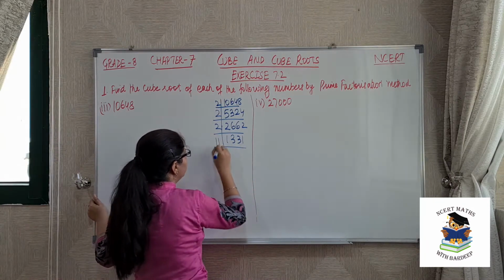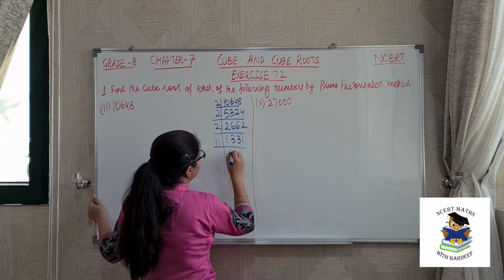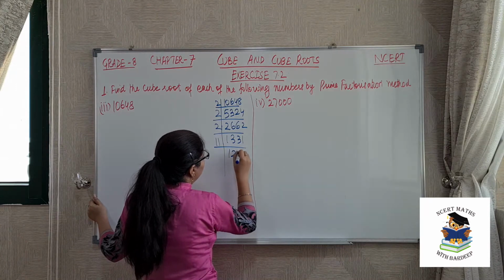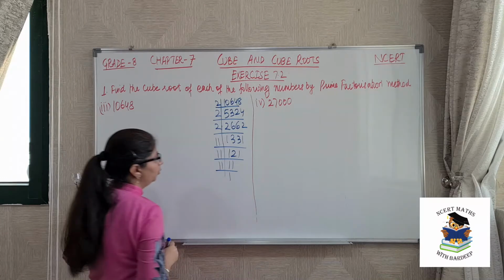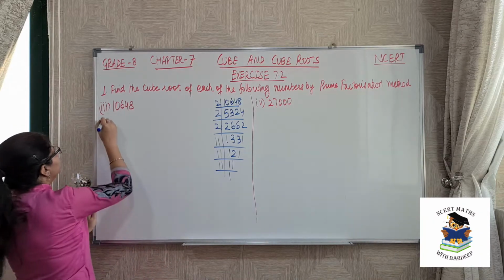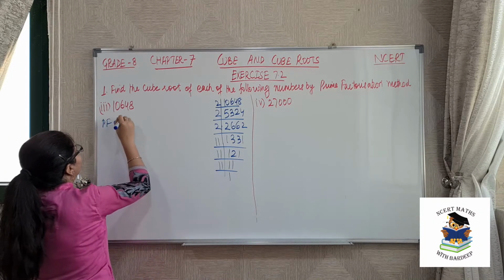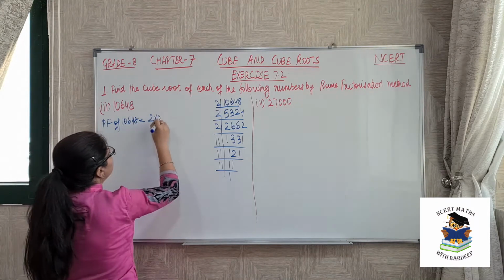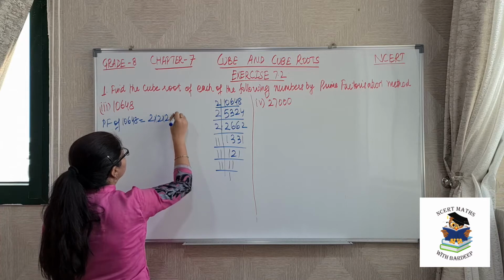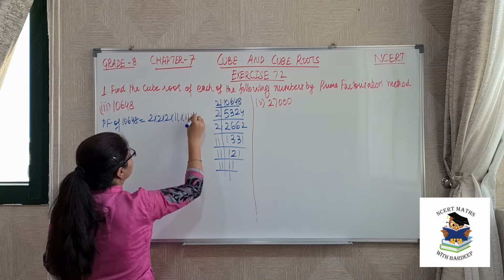So this will go in the table of 11. So 121, again in the table of 11, 11 and 1. Okay. So we will write prime factorization of 10648 is 3 times 2 and 3 times 11.